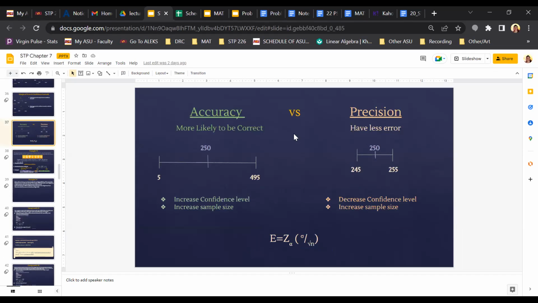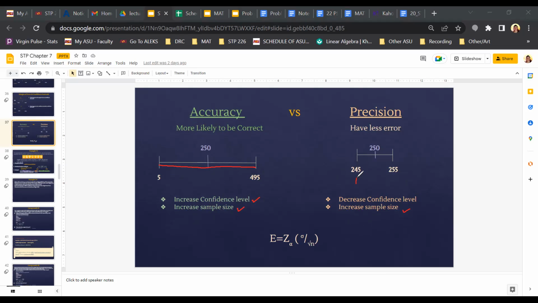Precision versus accuracy. If I want to be accurate, I'm talking about how correct I am, how likely I am to have the correct answer inside my interval somewhere. So the wider I make my interval, the more accurate I am. If I increase the confidence level, that makes the interval wider. If I increase the sample size, that always makes me more accurate. So increasing sample size is just always good.